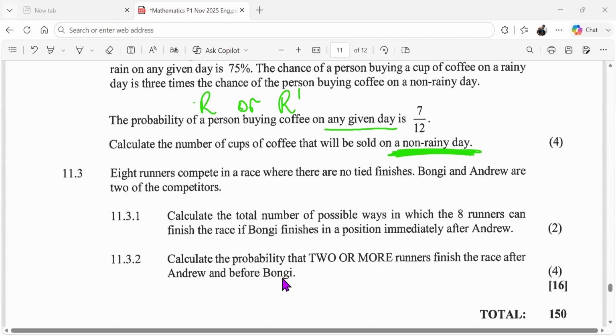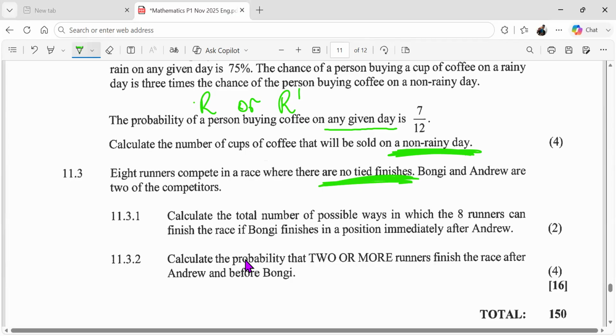Okay. Now let's look at the last one. This is how it reads. 8 runners compete in a race where there are no tied finishes. Oh, where there are no tied finishes. I didn't understand what this means.